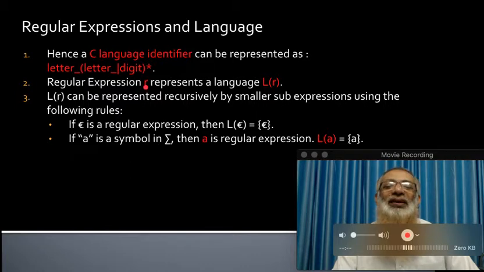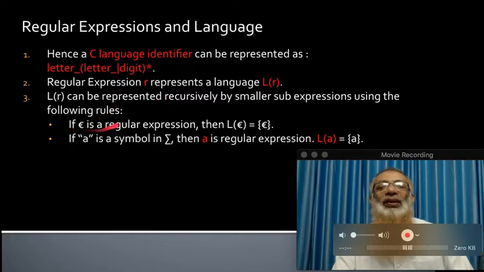If there is a regular expression called R, there is a language called LR which is formed as per this expression. Now this language can be represented recursively with the help of smaller sub-expressions.